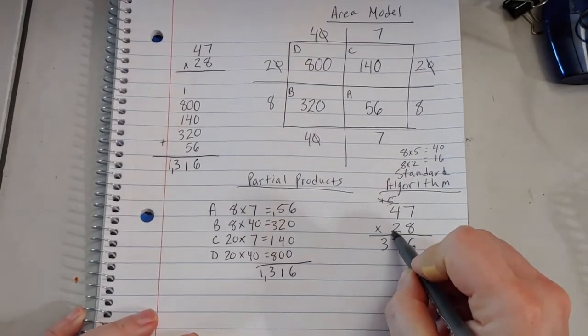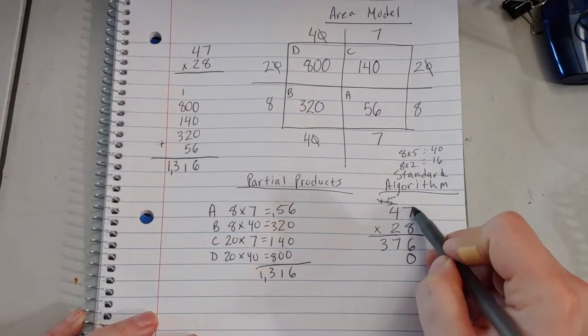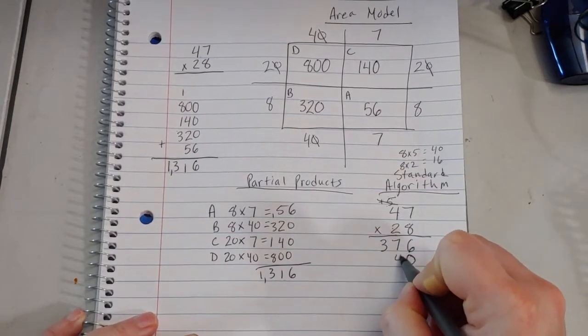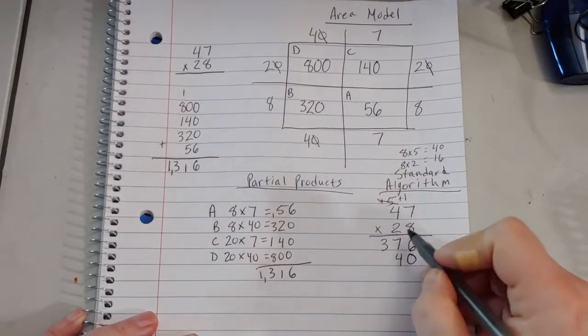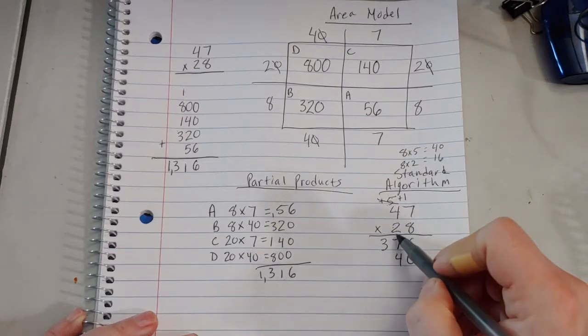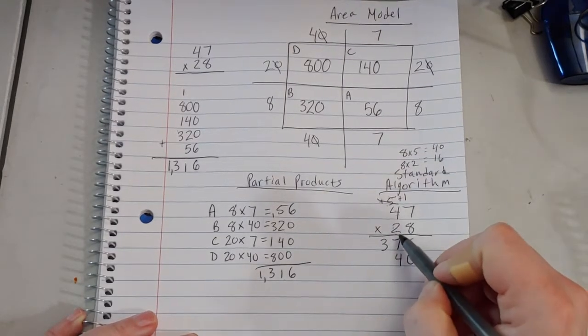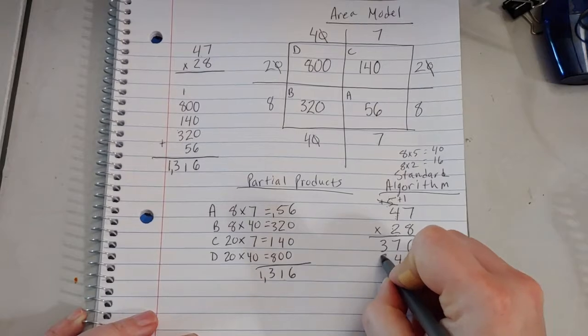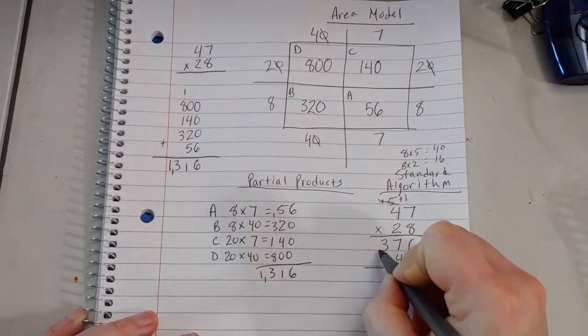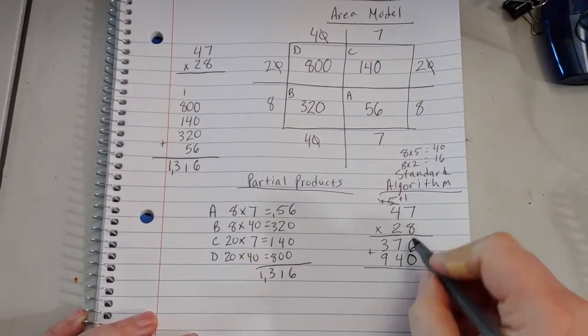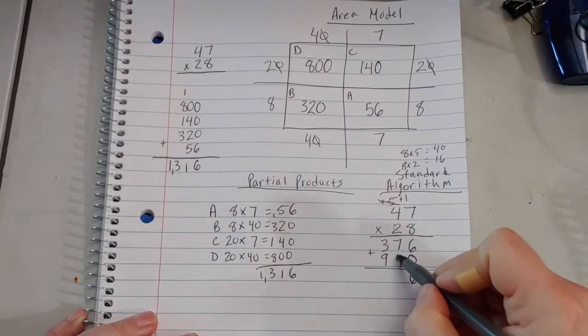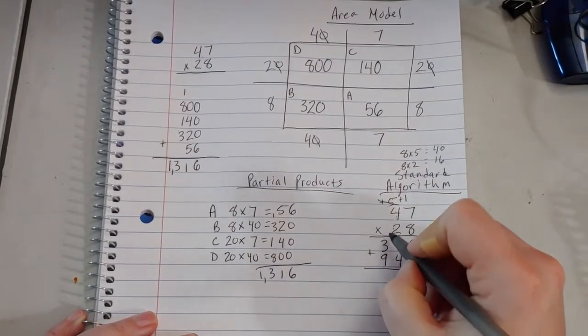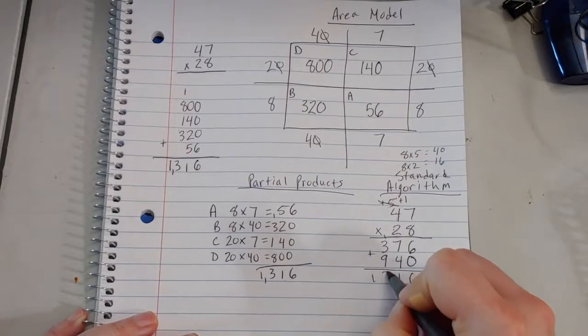And now I have 20 times 7, or 2 times 7 to make it easier. The 4 goes down here. I carry the 1. 2 times 4, which is really 20 times 40. 2 times 4 is 8 plus 1 for 9. And now I just have two numbers to add. 6, 7, 8, 9, 10, 11, 10, and 13.